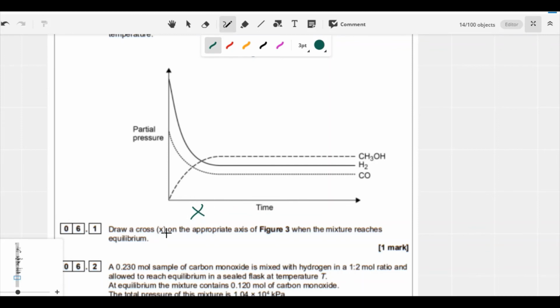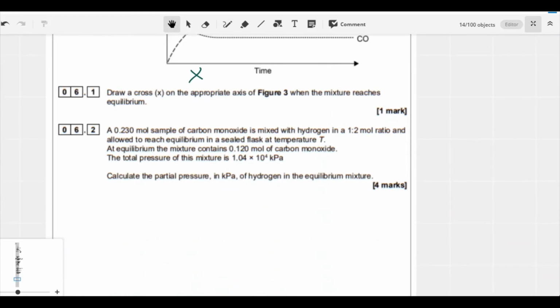So here I am going to write X on the time axis. Okay, now the next one, a 0.23 mole sample of carbon monoxide is mixed with hydrogen in a 1:2 molar ratio and allowed to reach equilibrium in a sealed flask at temperature T. At equilibrium, the mixture contains 0.120 mole of carbon monoxide.